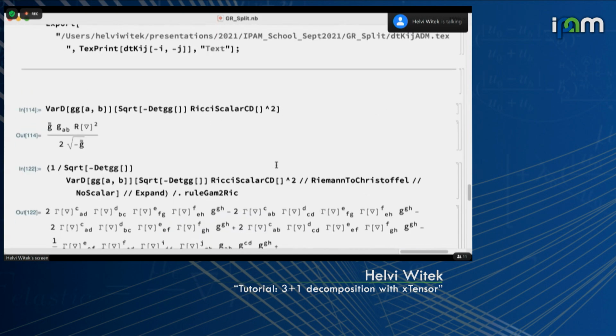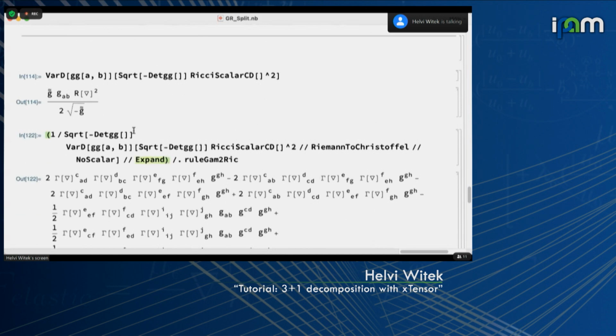So what I do next is the following. I can change my derivative from the partial to my covariant derivative, because then I know that I'm again manipulating tensor expressions.